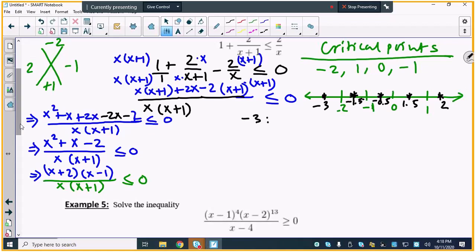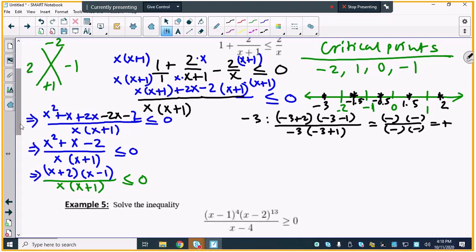So what I get, use the factored form, so you get negative 3 plus 2 times negative 3 minus 1 over negative 3 times negative 3 plus 1. So minus times minus over minus times minus, that's a plus.